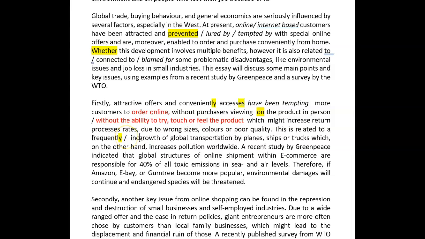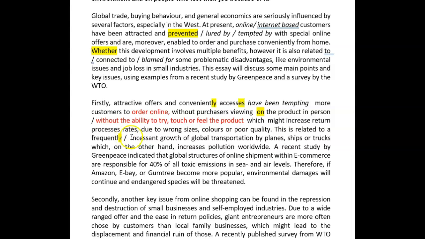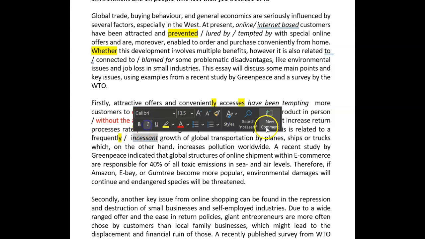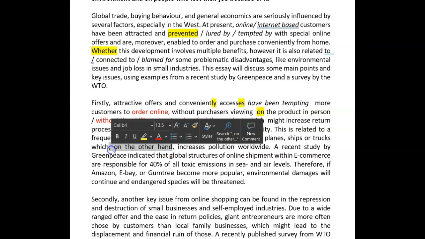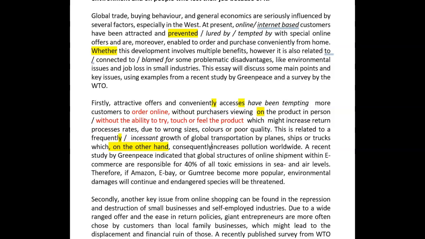You would have an incessant, so non-stop, growth of global transportation by planes, ships, or trucks, which, on the other hand, no, not on the other hand, which consequently increases pollution worldwide, because you're talking about returns. On the other hand suggests an opposite problem. Consequently, more pollution.